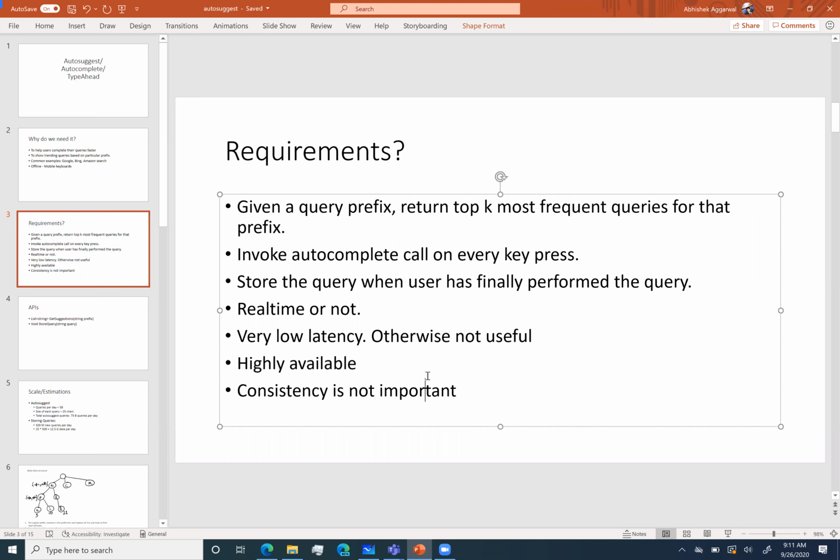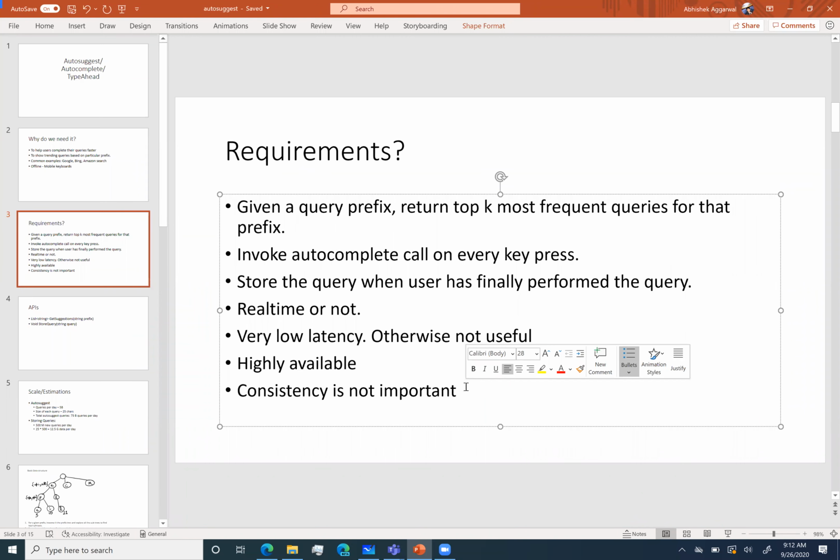Now talking about consistency, right? Consistency is not important in this system. Why is consistency not important? By consistency we mean that everyone is seeing the most up-to-date information on what the most frequent queries are, and that two users should see the same set of most frequent queries. All these things are part of consistency, right?